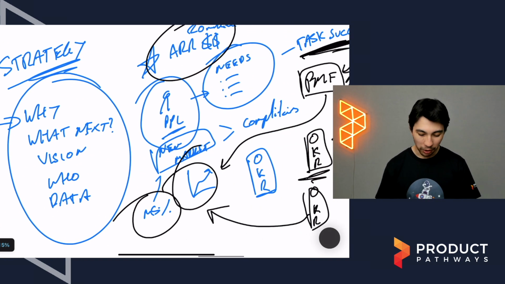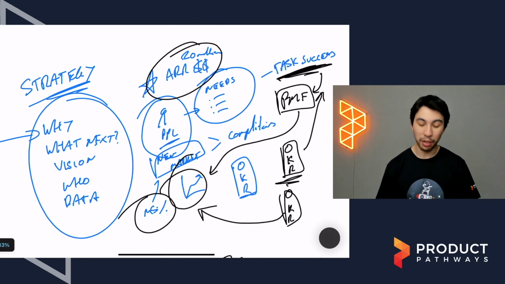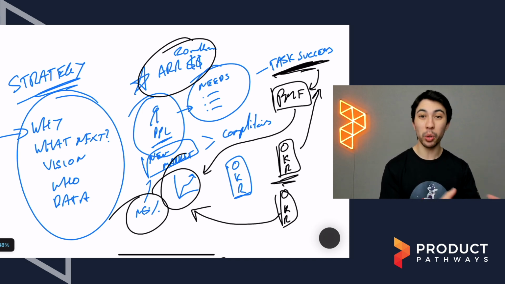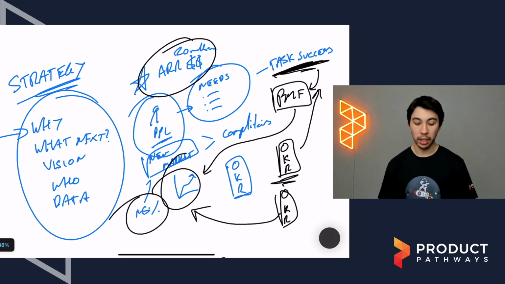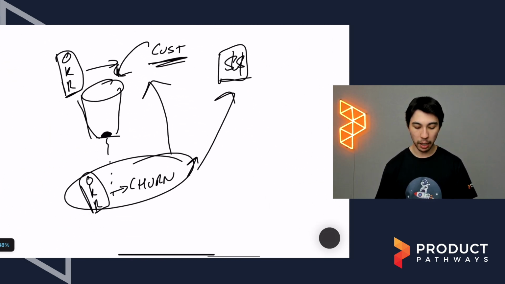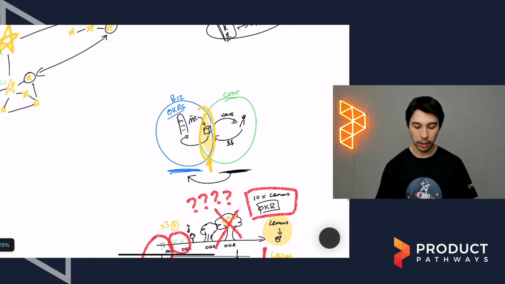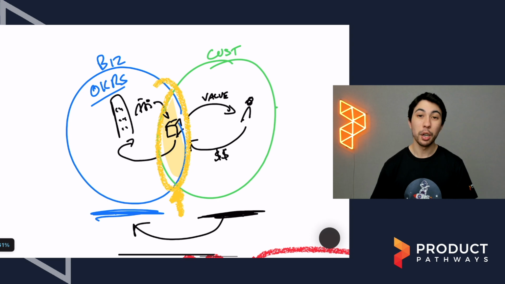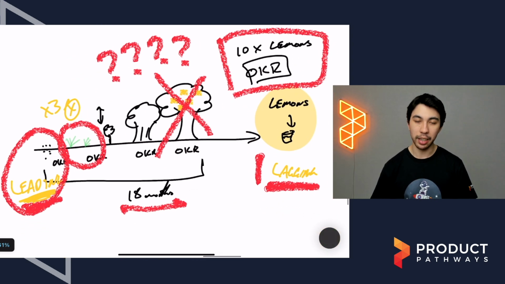OKRs also don't exist in a vacuum. They have strategy behind them. They are really a model and a representation of your strategy. We need to have this information and context that sits behind it so we can make informed decisions, which means that we need to consider both customer and business impact and not just one or the other. And we need to consider both leading and lagging indicators.